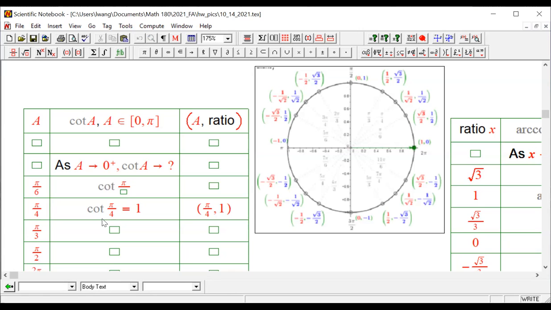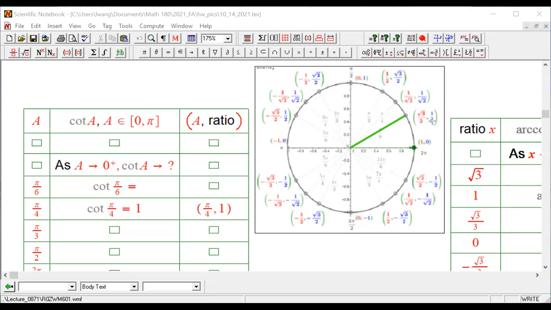Pi over 6 is a terminal, and you take a point on the terminal side of the angle other than the origin. That point is on the unit circle that we have picked.